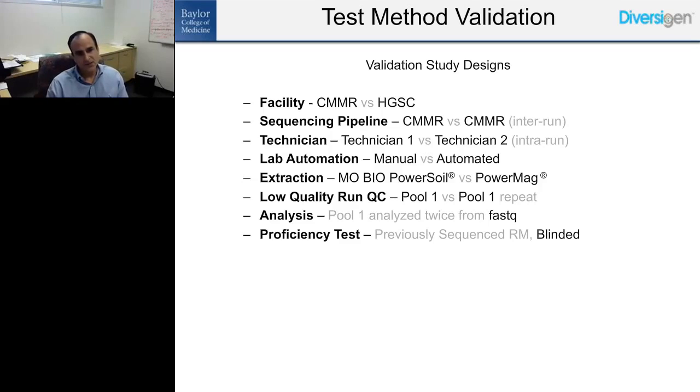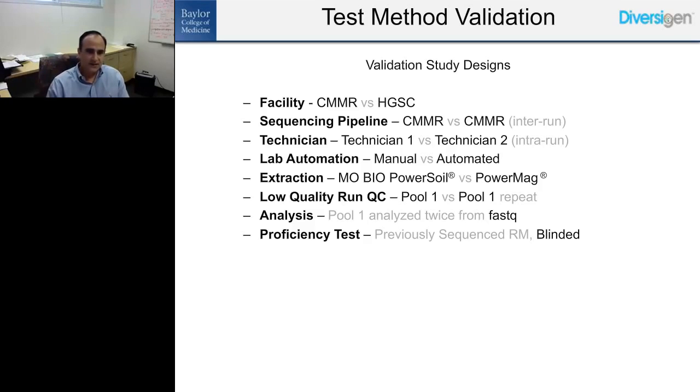We know through our validation studies that extraction introduces the greatest amount of variance, sample extraction. We have a number of different extraction kits that we utilize in the pipeline. One would be the MagAttract PowerSoil, and another the MagAttract PowerMag. So we compared those two in a similar manner where we repeated pools and our reference materials.